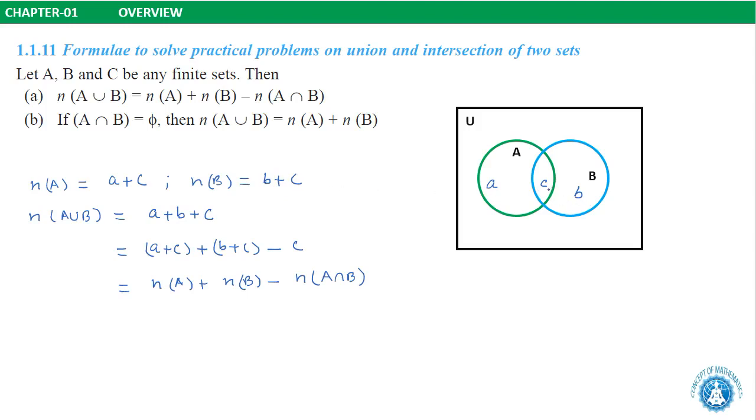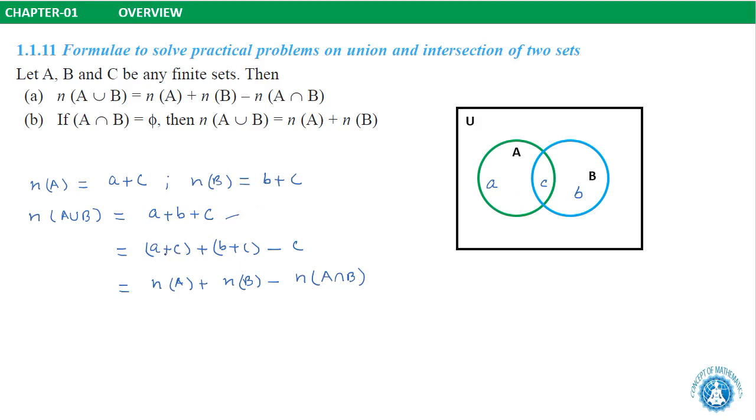Here c elements are common to both A and B. So the number of elements in the union of A and B is equal to a plus b plus c.